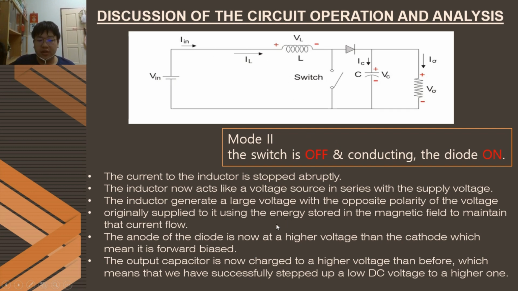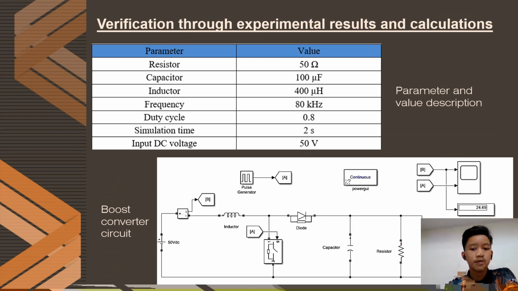The anode of the diode is now at a higher voltage than the cathode, which means it is forward biased. The output capacitor is now charged to a higher voltage than before, which means we have successfully stepped up a low DC voltage to a higher one.